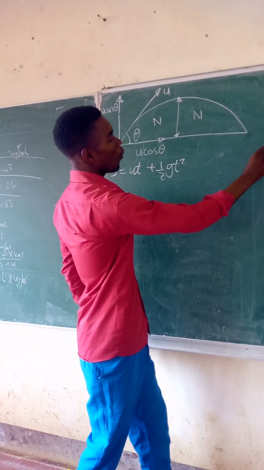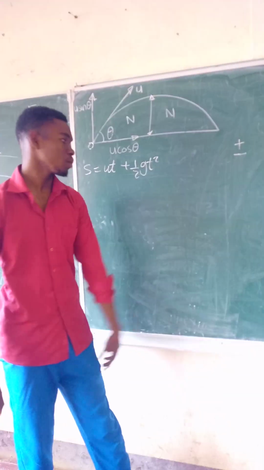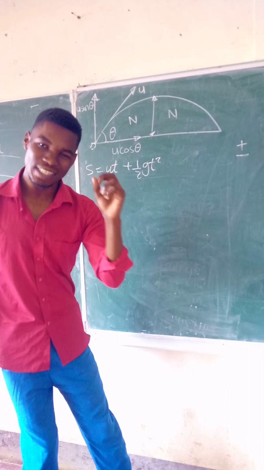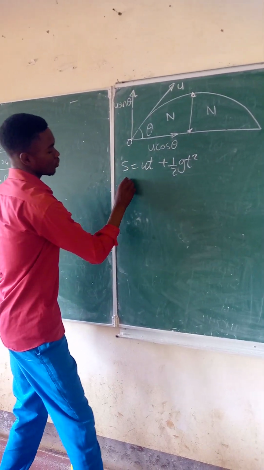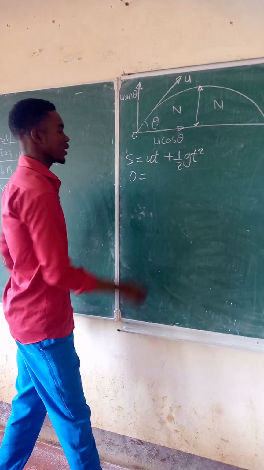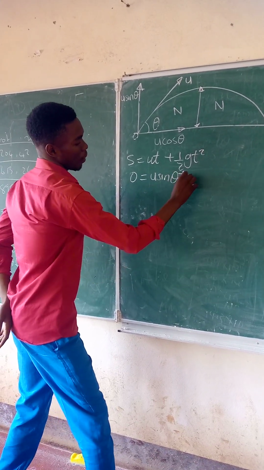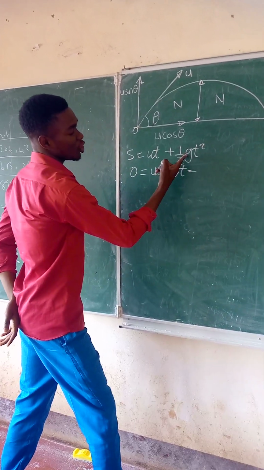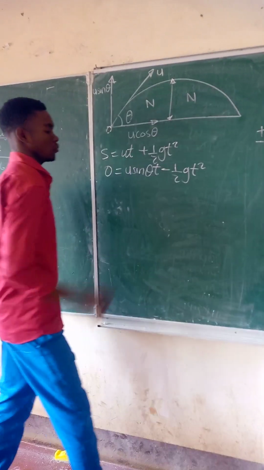So I will take upwards as positive and downward as negative, such that g is negative g. So I'm going to set S equal to 0. That's 0 is equal to u sine theta t minus 1/2 gt squared.